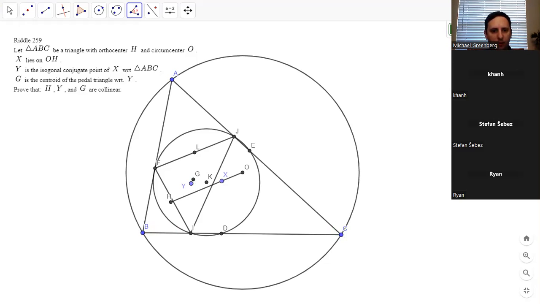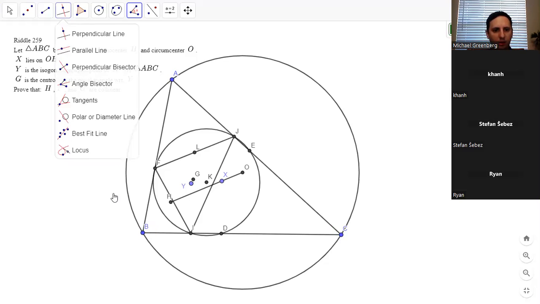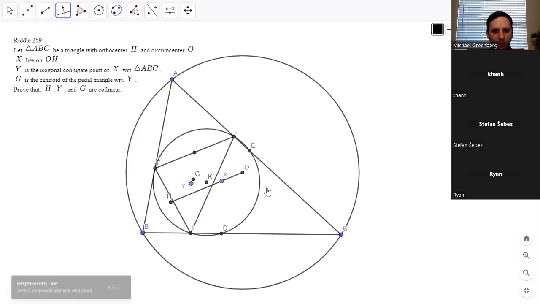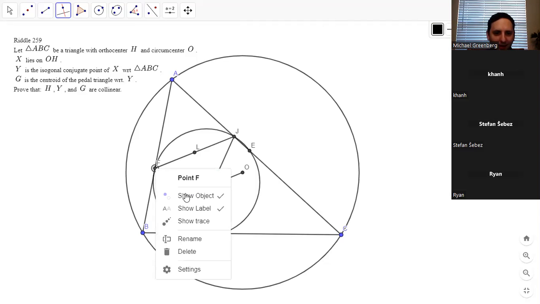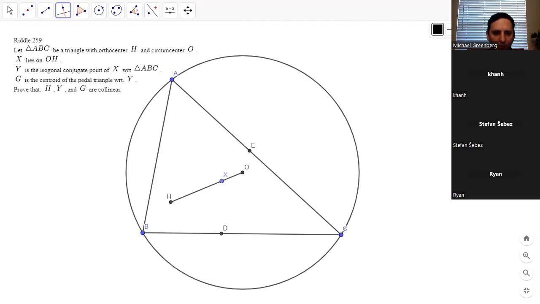O is the circumcenter. H looks like. Oh, yeah, never mind. I thought you drew something wrong, but no. Okay, I see actually what you did wrong. You took F as the perpendicular from Y, which is not.